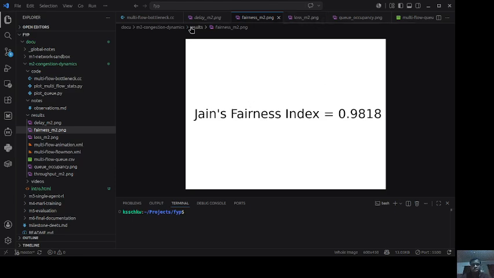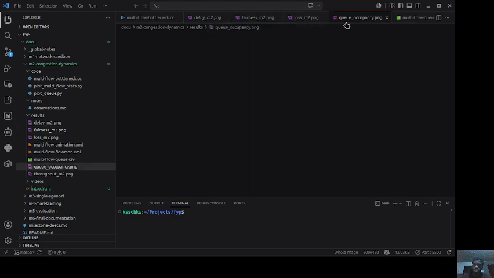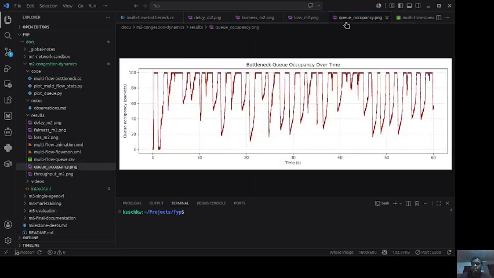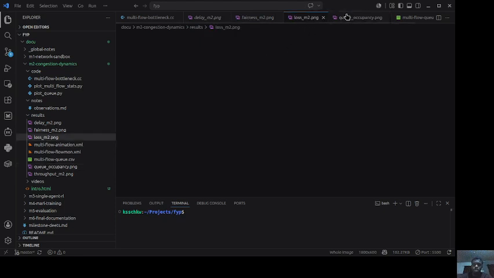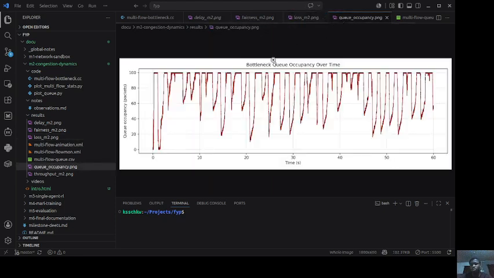Now to the queue occupancy. This is like the most important chart of all of them.